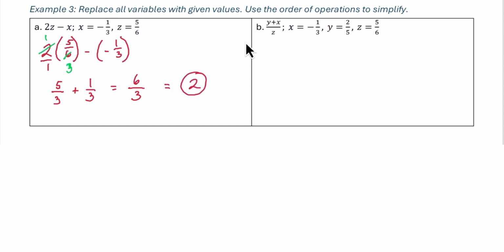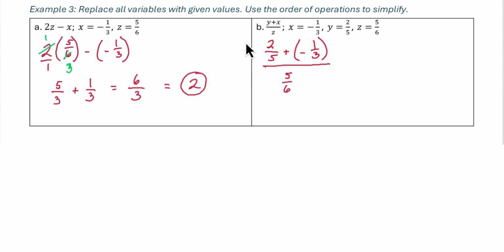In our final example, we first need to make a substitution. Y is 2/5 plus x is negative 1/3, all divided by z, which is 5/6. Notice we have a complex fraction here.